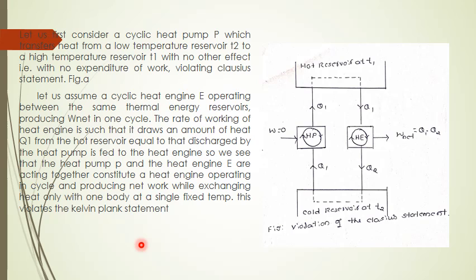So the heat pump P and the heat engine E acting together constitute a heat engine operating in a cycle and producing net work while exchanging heat only with one body at a single fixed temperature. So this violates the Kelvin-Planck statement. We have proved that violation of the Clausius statement leads to violation of the Kelvin-Planck statement, as you can observe in the diagram.